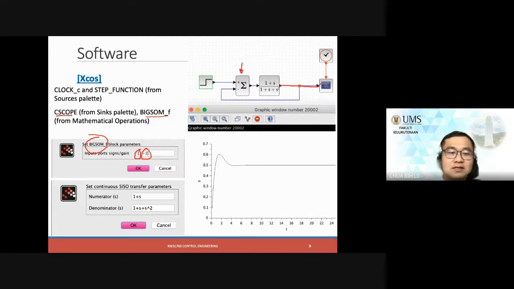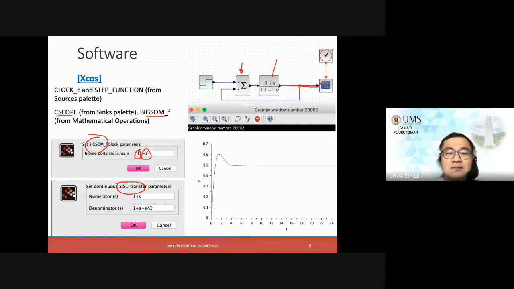Very convenient. Then for this transfer function, you look for the CLR, continuous transfer parameters. Therefore you can insert your numerators. You can put 1 plus s, 1 plus s power of 2. Remember, in control we use a lot of s as the Laplace transform variable, right?